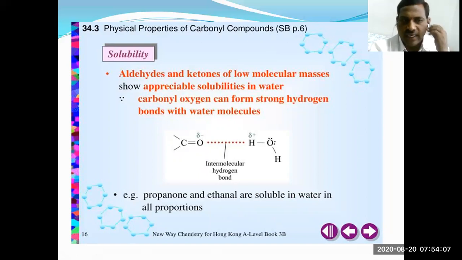So once again, the carbonyl oxygen can form a strong hydrogen bond with the water molecule like this. That's why the intermolecular hydrogen bond is present. So aldehydes and ketones of lower molecular masses are soluble in water.